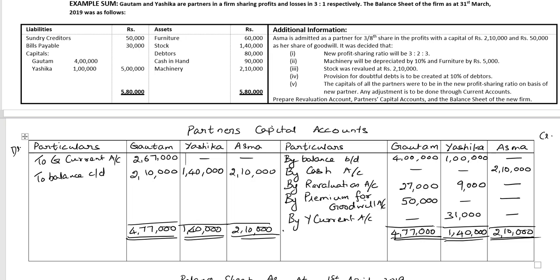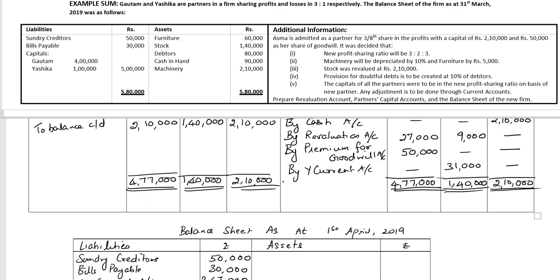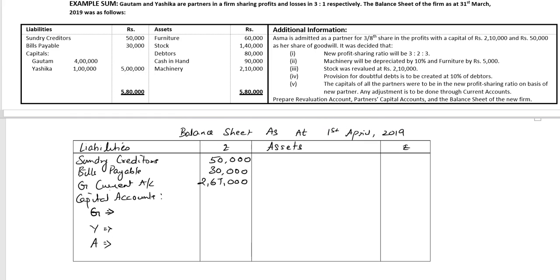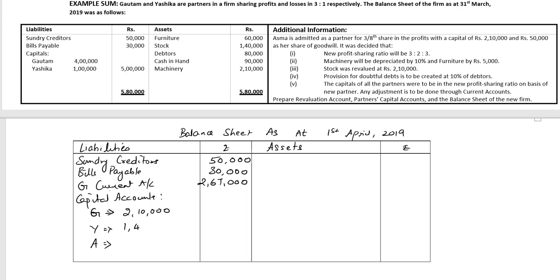Balance carried down 2,10,000, 1,40,000, and 2,10,000 rupees. Total 5,60,000 rupees.